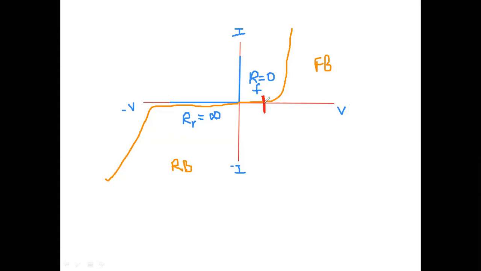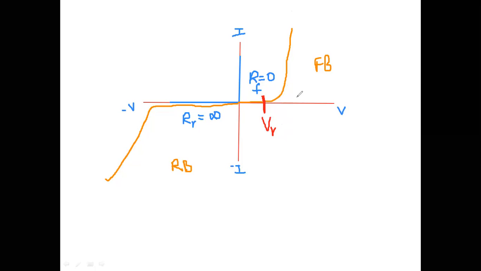This voltage is called cut-in voltage, V gamma. Already we have told this in the characteristics of a diode, right? Till V gamma, I will get zero current.